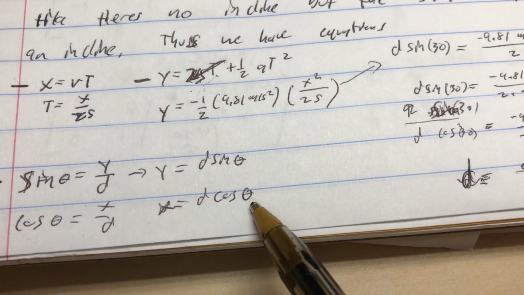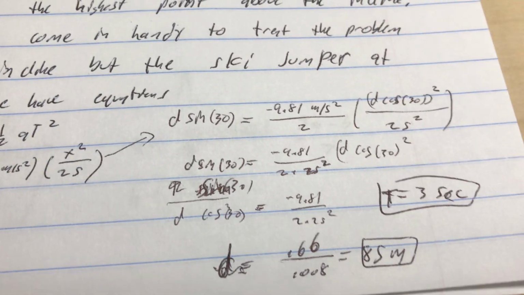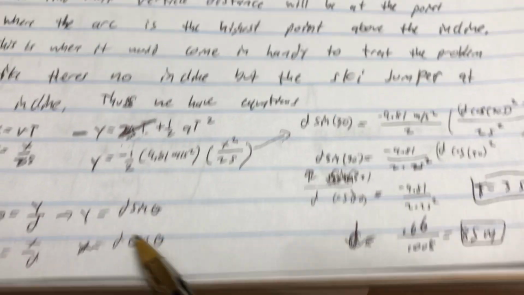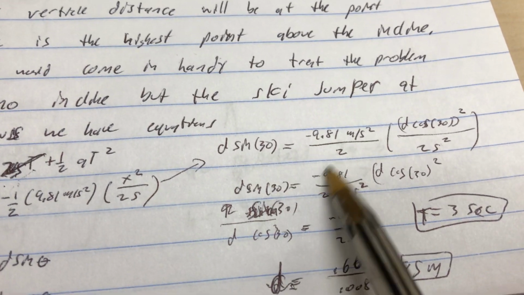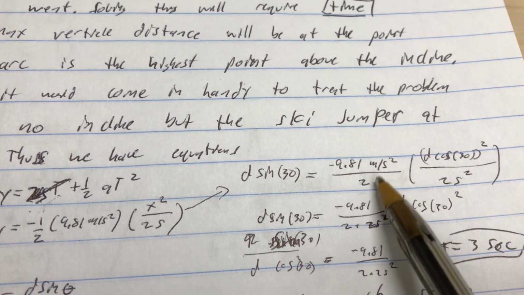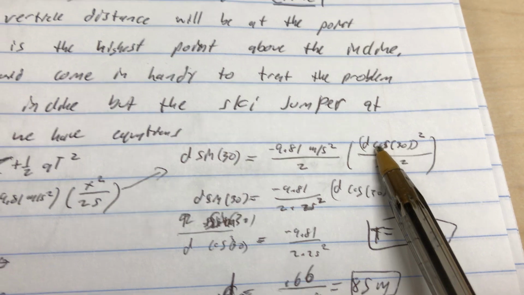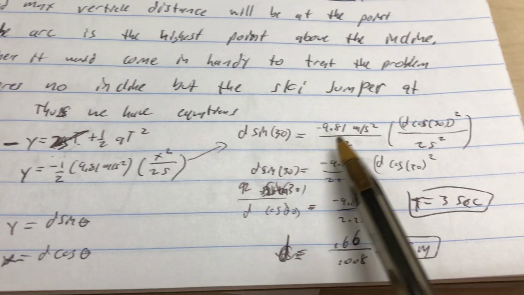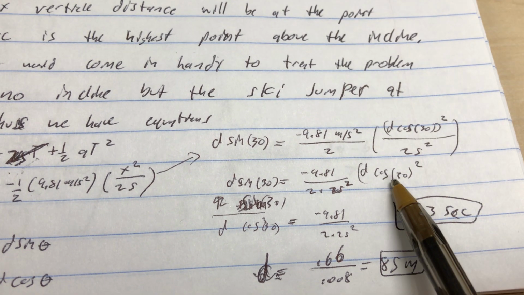Okay, so I'm going to use these to solve, and I'm going to simultaneously solve for time and length. First, I plug in d sine of 30, which equals y, into there, since I don't know y. And I'm going to have it equal negative 9.81 over 2 times x squared, and x we got to be equal to d cosine of theta, so d cosine 30, and that's squared, and 25 is squared as well.